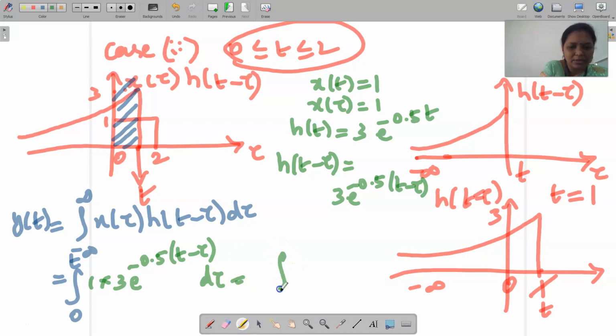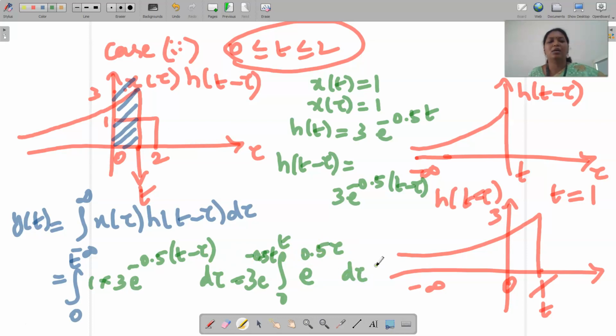So I can write 0 to t. 3 is constant, you can take outside. E power minus 0.5 t is also constant, you can take outside, and the next term, e power minus into minus will become plus, so it becomes e power 0.5 tau d tau. So 3 into e power minus 0.5 t integration 0 to t e power 0.5 tau d tau.